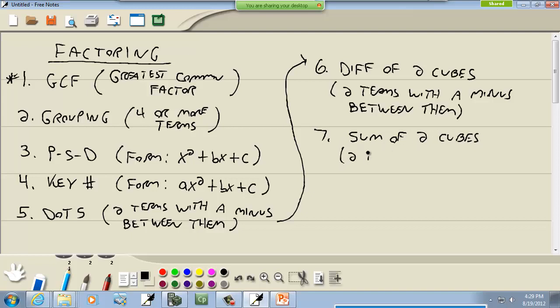This is when you got 2 terms with a plus between them. So 2 terms with a plus between them.